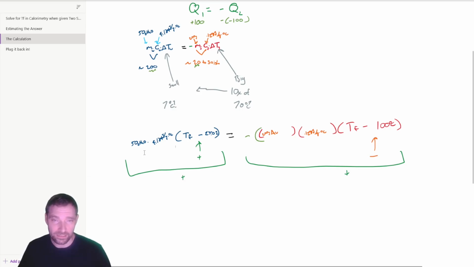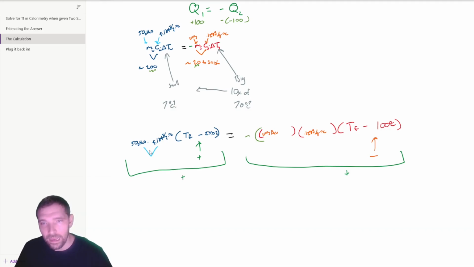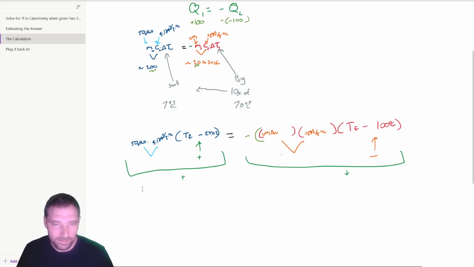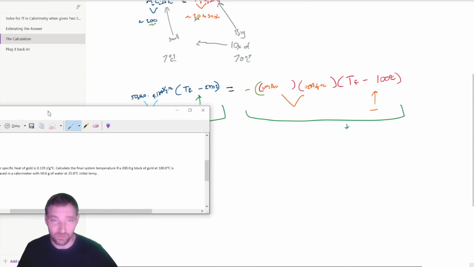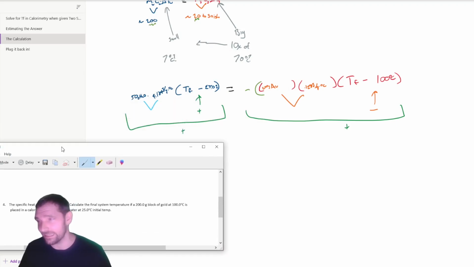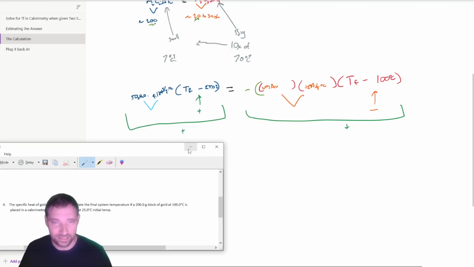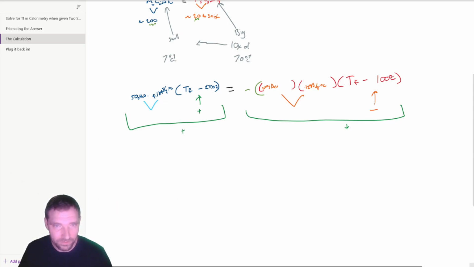So I'm going to go ahead and simplify these down to one term on each side, and then distribute and solve for it that way. But that being said, there's a ton of different ways to go through the math here. Just plug it back in and see if it's reasonable at the end. That's the most important part when going through this problem.